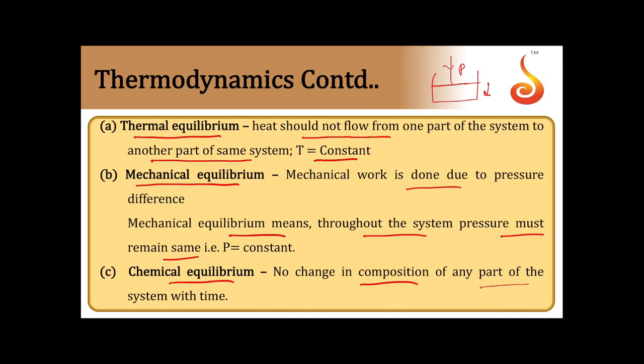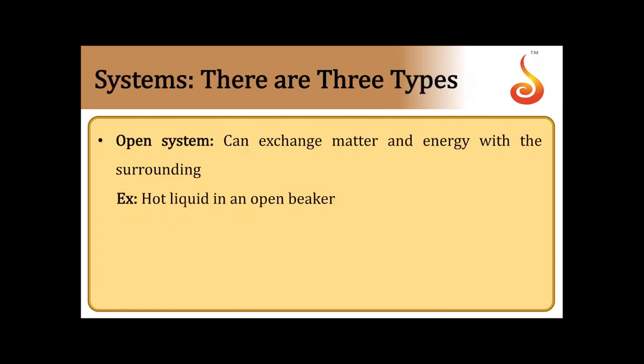That is to say, throughout the system composition must remain the same. If the three equilibria exist, then it is said to be in thermodynamic equilibrium. So thermodynamic equilibrium means thermal equilibrium, temperature remains the same; mechanical equilibrium, pressure remains the same; chemical equilibrium, composition remains the same.